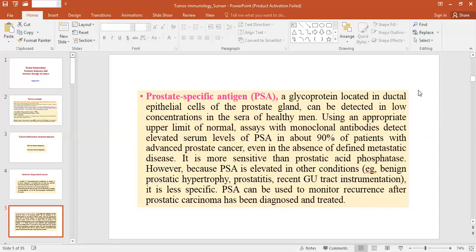But under the condition of prostate cancer, it is significantly elevated. So PSA can be used to monitor prostate cancer conditions as well as recurrence after prostatic carcinoma has been diagnosed and treated.